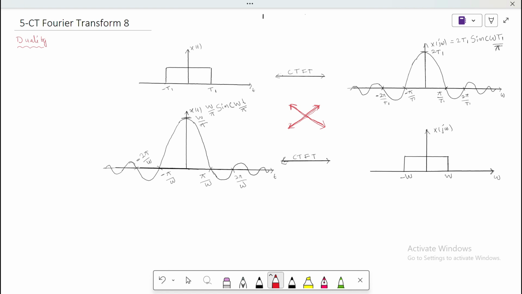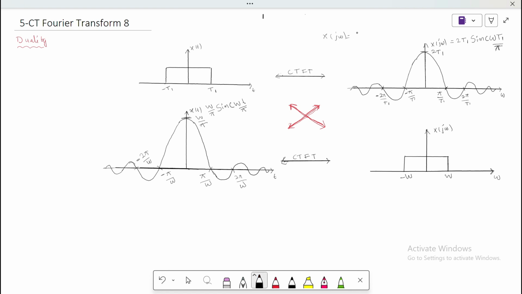You may get a question from here. This concept, duality: the rectangular pulse's Fourier transform is the sinc function, and the inverse Fourier transform of the rectangular pulse is the sinc function.